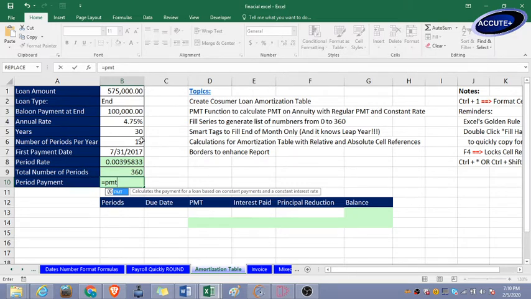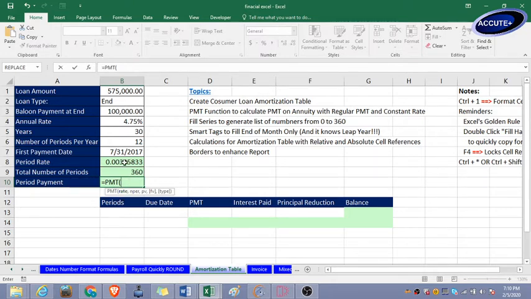So you have to make sure that the payment and the interest rate are constant in order to use the PMT formula in Excel. Alright, so accept the formula by pressing the tab button.